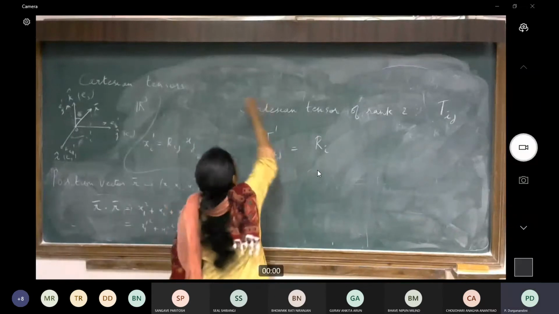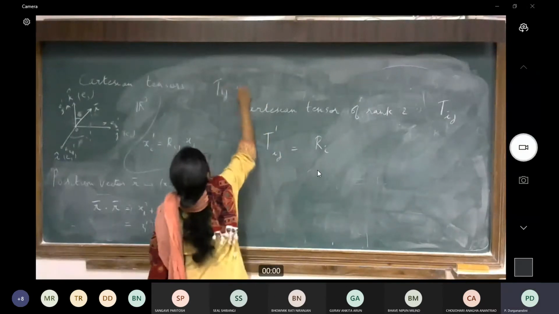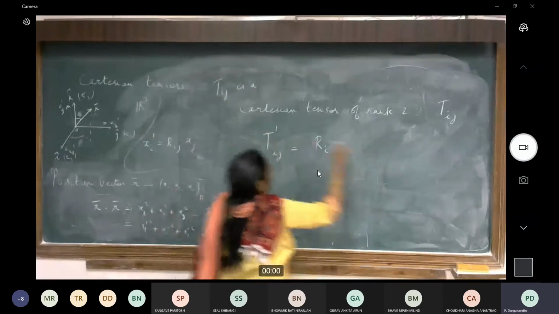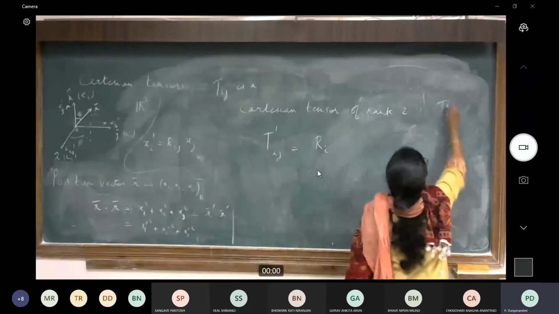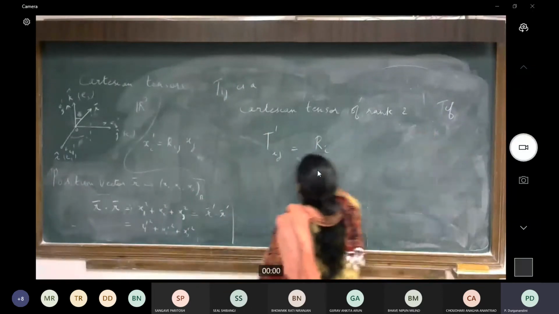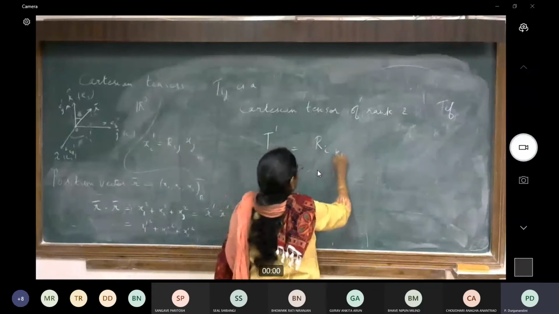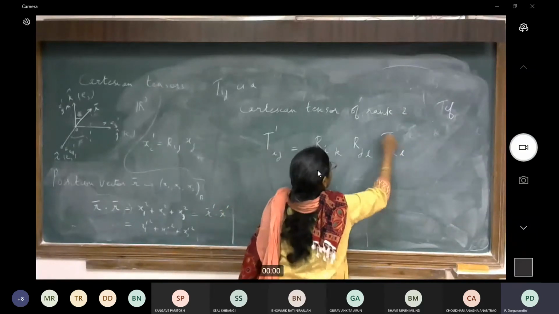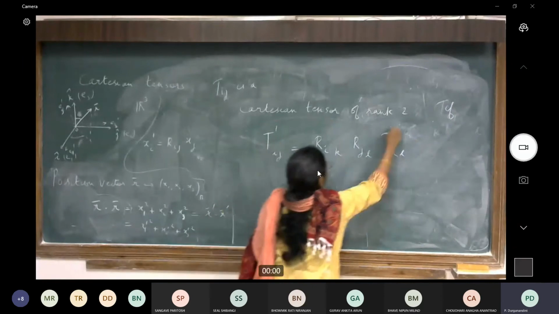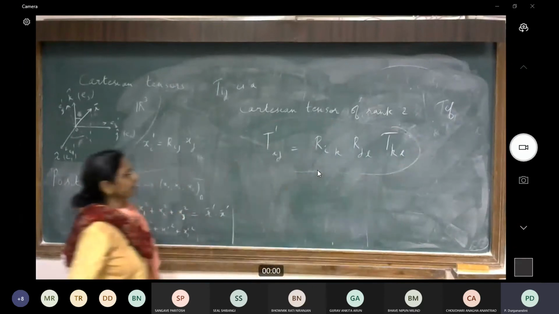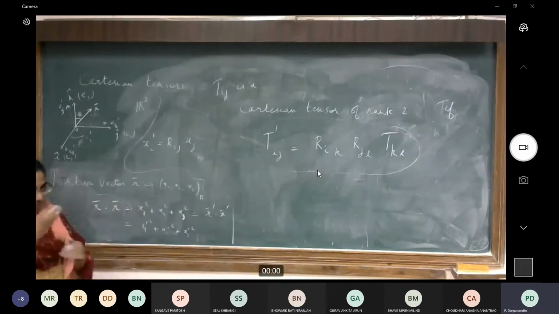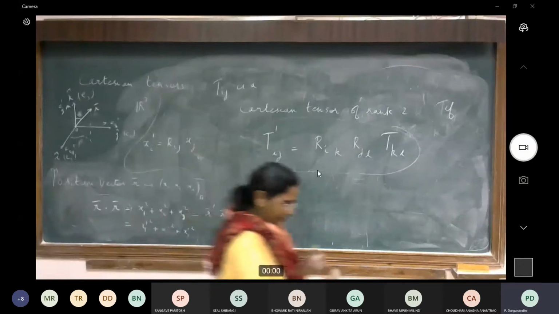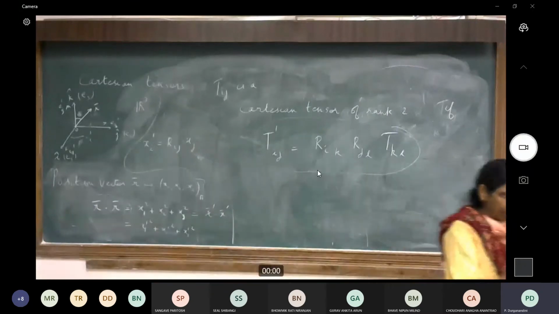So Tij is a Cartesian tensor of rank 2 if T prime ij transforms like this. Please remember that just like for the vector, under a rotation transformation the three components get mixed up.